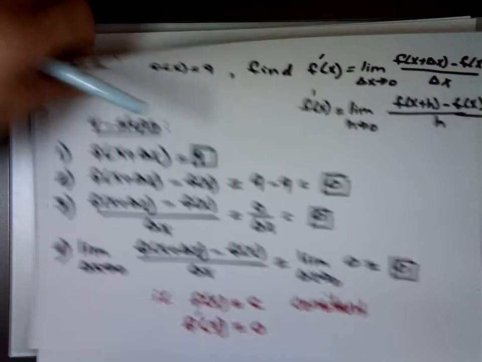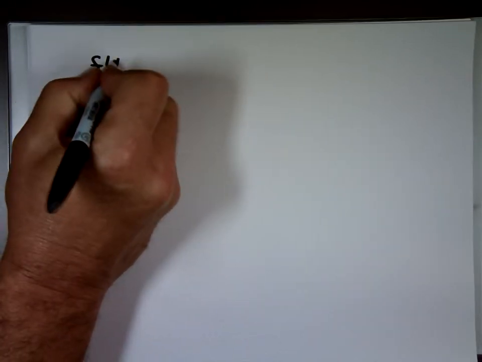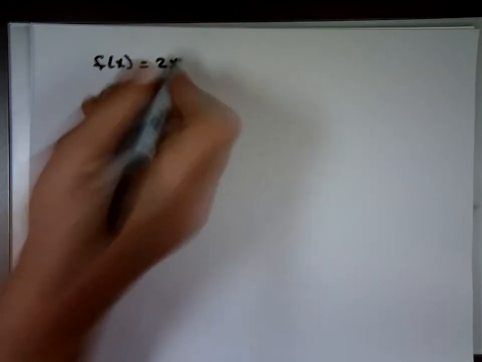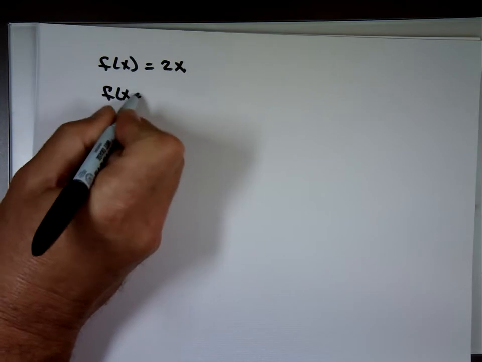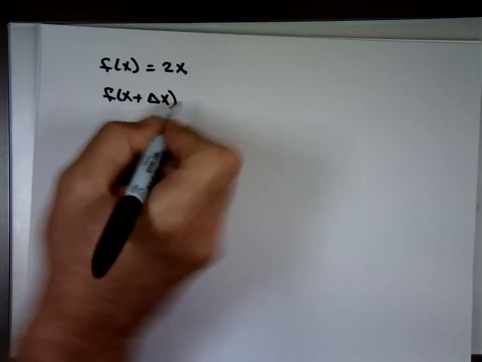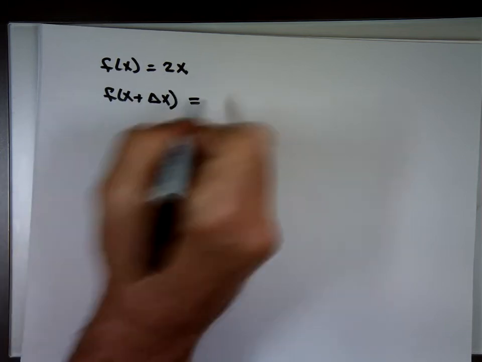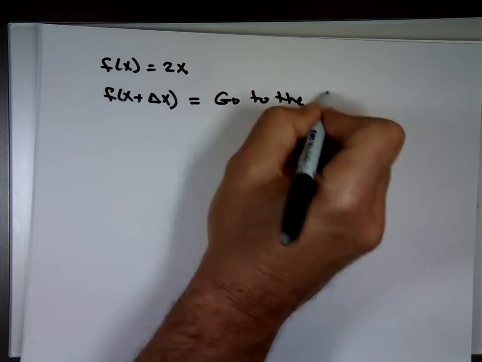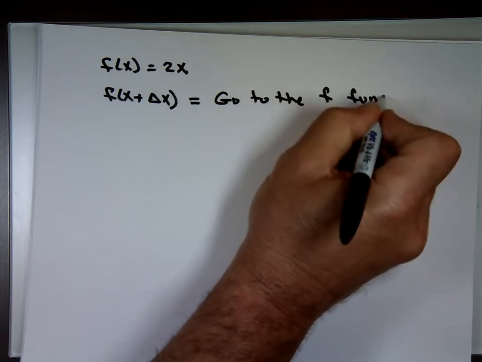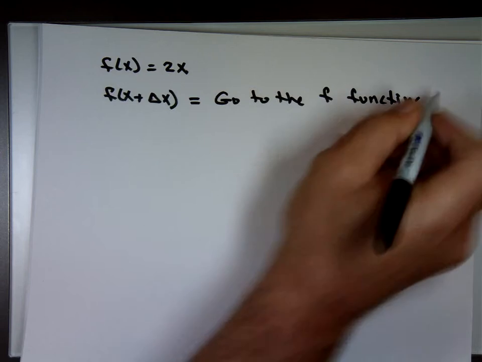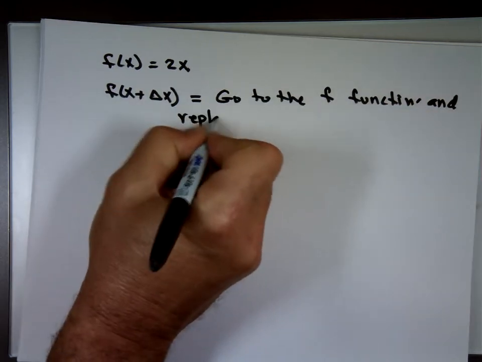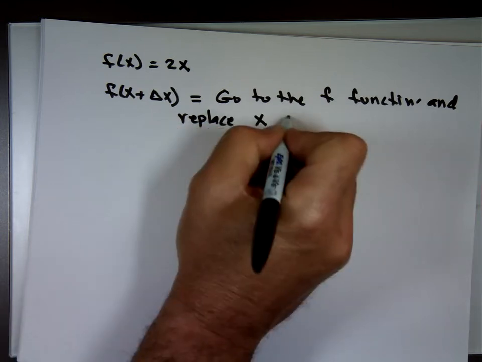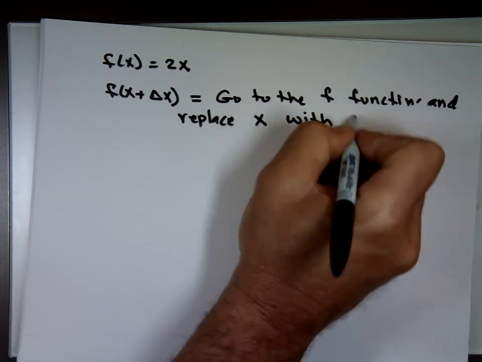Now, to answer your question, if I have f of x equals 2x, and I ask you what is f of x plus delta x, this one says go to the f function and replace x with what? x plus delta x.